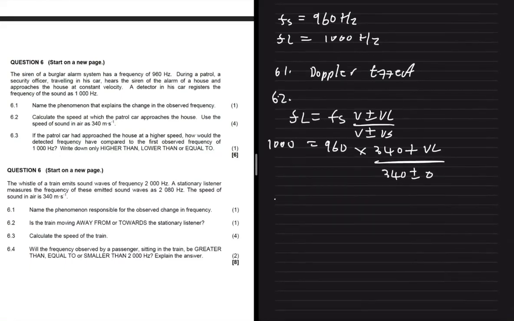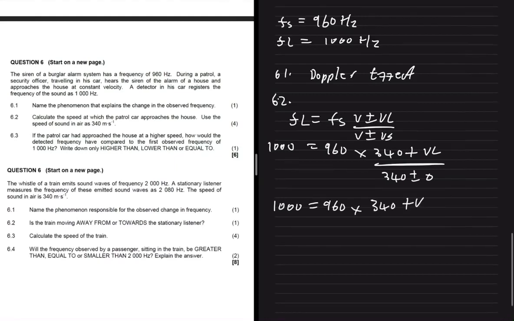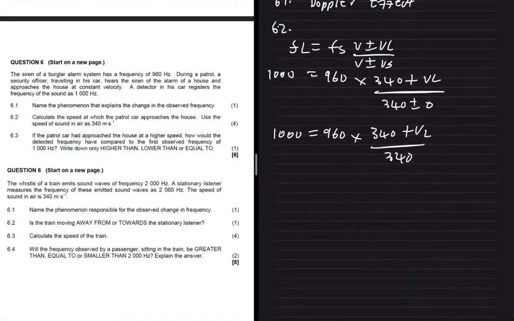So that is 1000 equals 960 multiplied by 340 plus VL, divided by 340. I'm going to divide both sides by 960, so we're going to have 1000 divided by 960 equals 340 plus VL divided by 340.